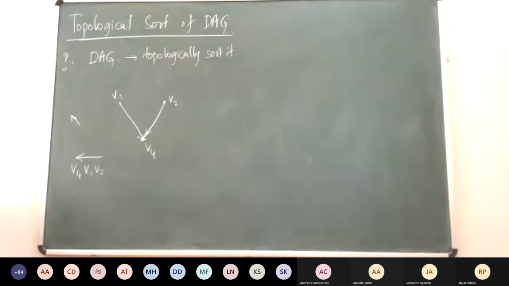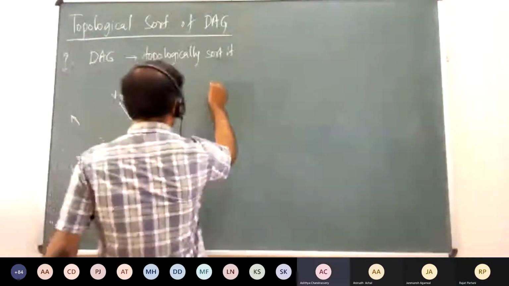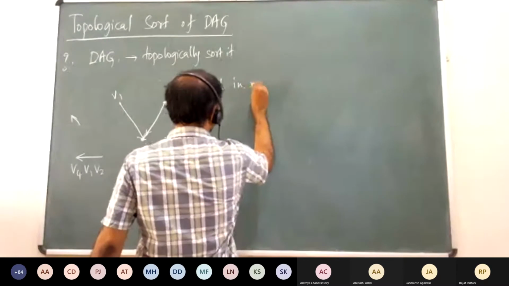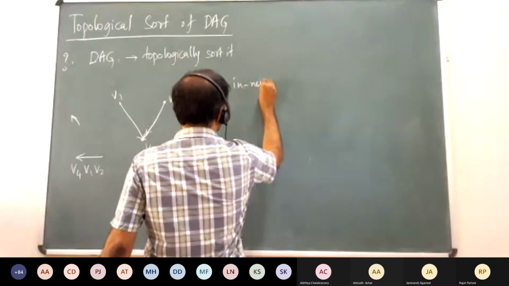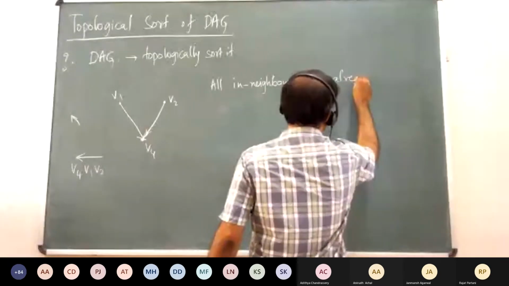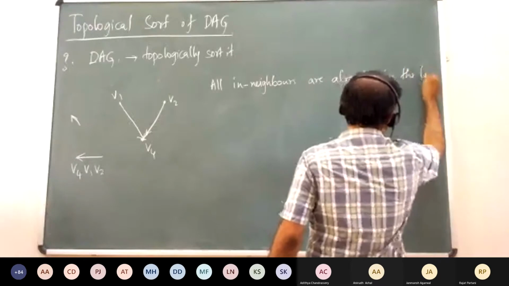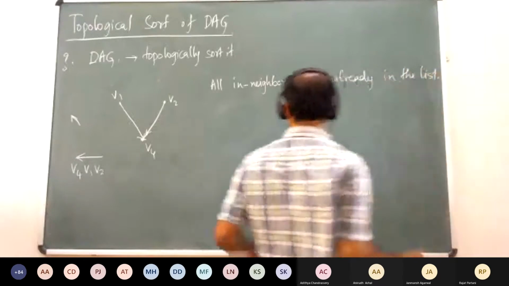Is that fine? All in neighbors are already in the list. Is this true?